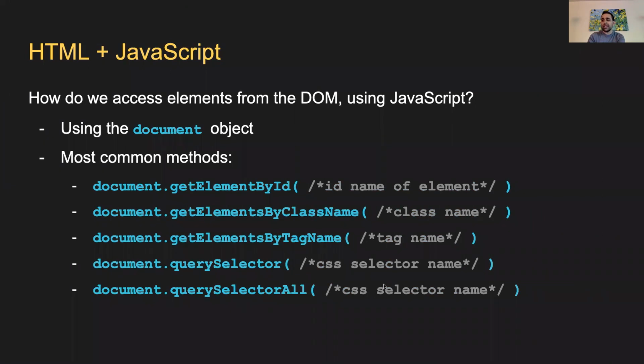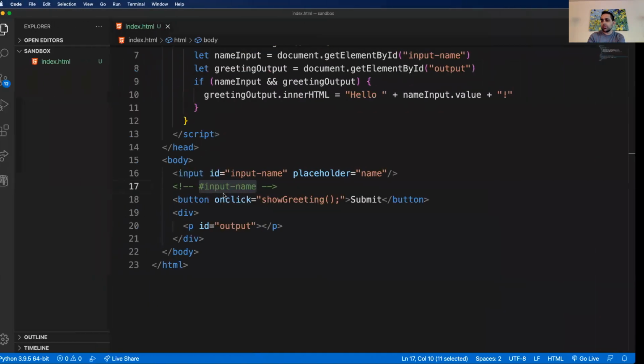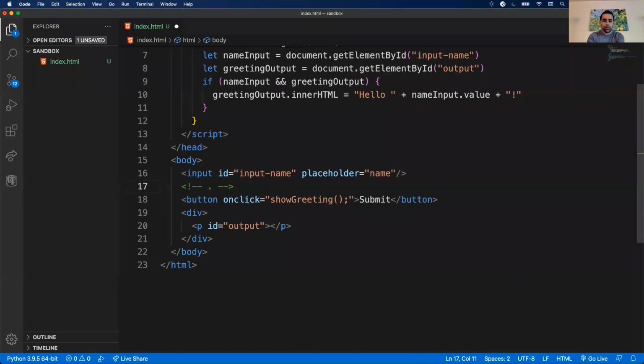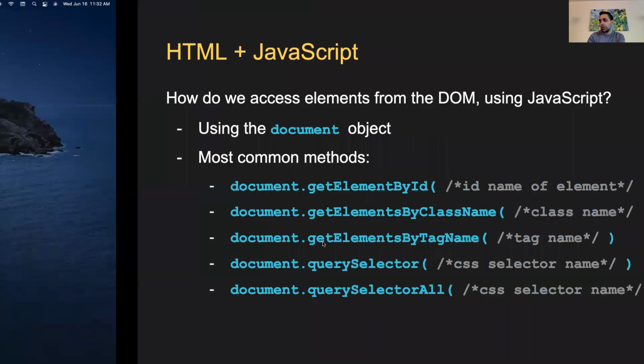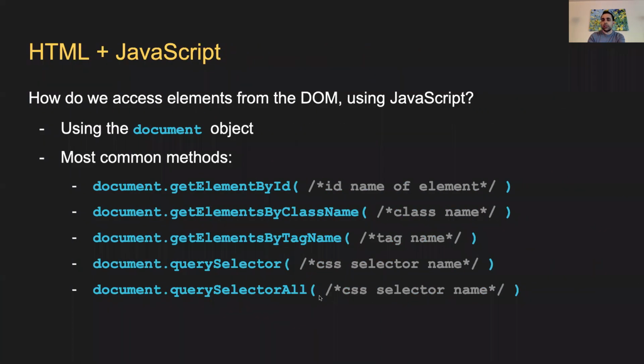Again, if you do it by ID, usually you'll use query selector. But if you're doing a class selector, like if I create that class as dot W100, you usually want to use query selector all because that will return potentially multiple elements to you. Because again, a class may be used multiple times by different elements.